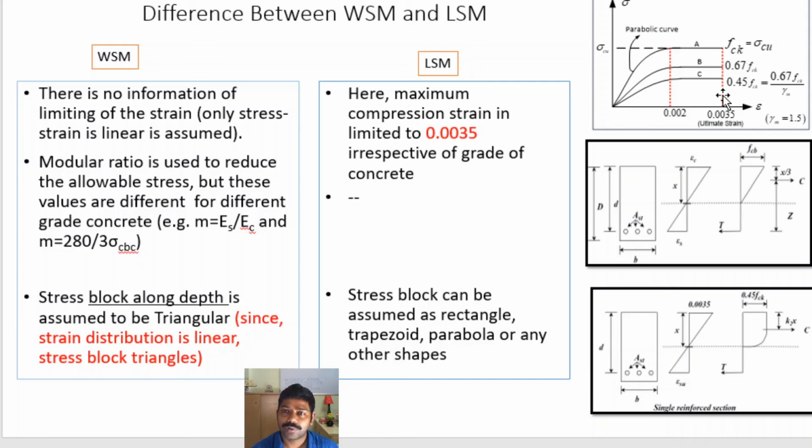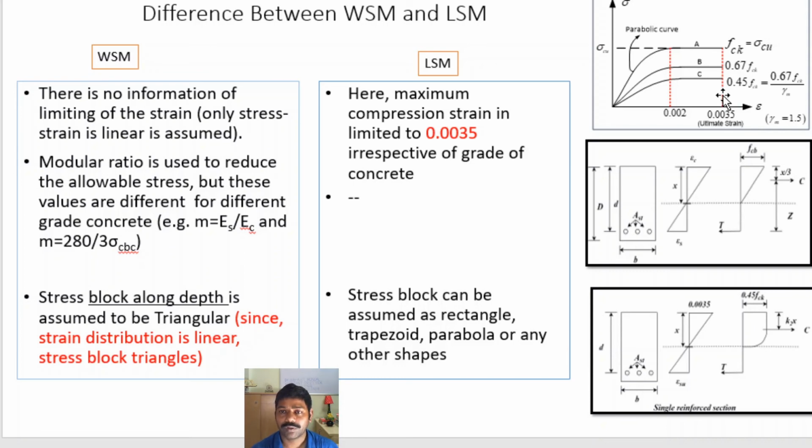But again, this modular ratio is different for different grades of concrete. The modular ratio m is the ratio of modulus of elasticity of steel to modulus of elasticity of concrete, or you can say m is equal to 280 by 3 sigma cbc. The 3 sigma cbc is also different for different grades of concrete. So there is no limiting value of strain, neither of stress.